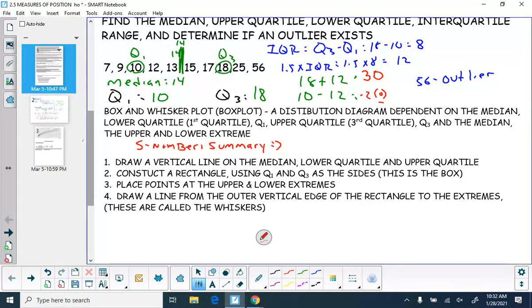A 5-number summary, which is your lower extreme, Q1, Q2, Q3, and your upper extreme.